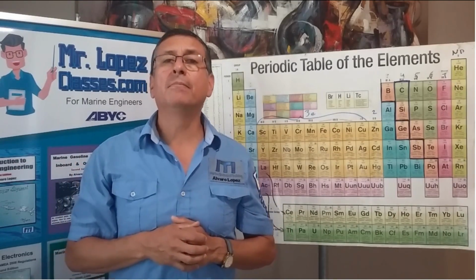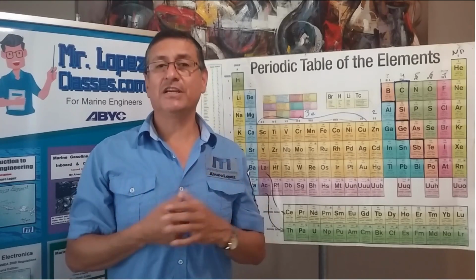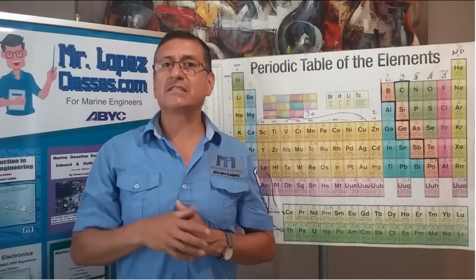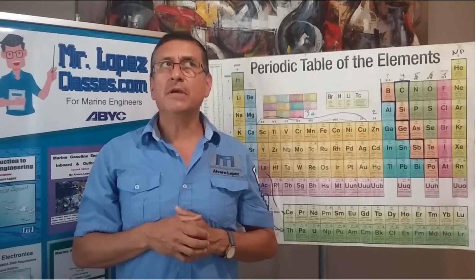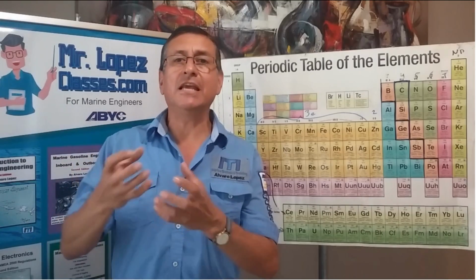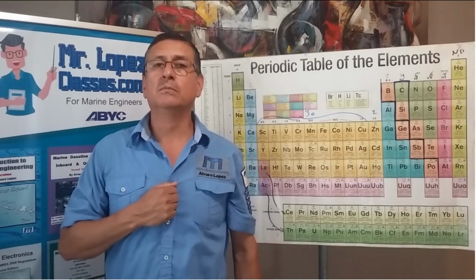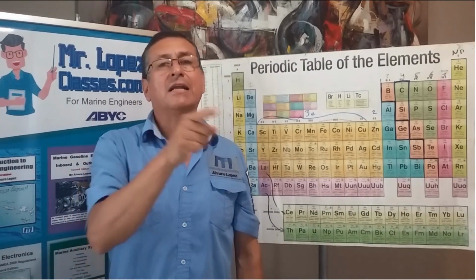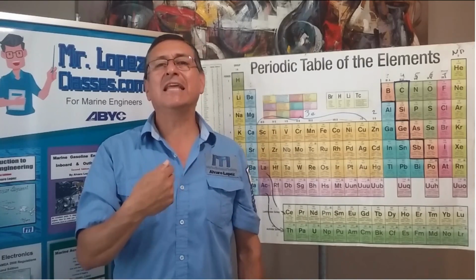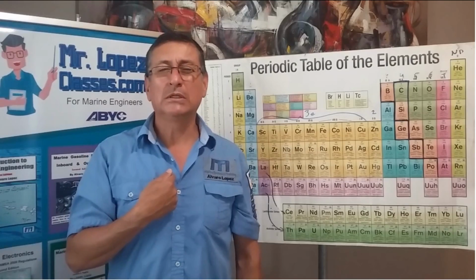Which element is better for the oxygen to attack, the copper or the zinc? Let me check. If the oxygen attacks the zinc, it immediately completes 8 and finishes. Finito. If the oxygen attacks the copper, which has 3 electrons in the last orbit, the oxygen needs 2.